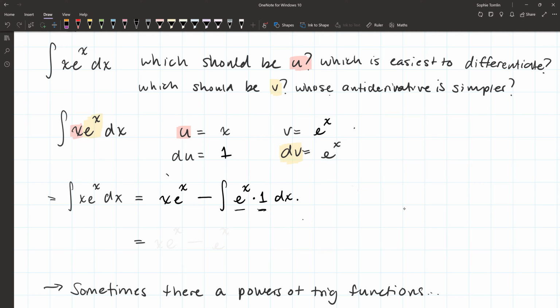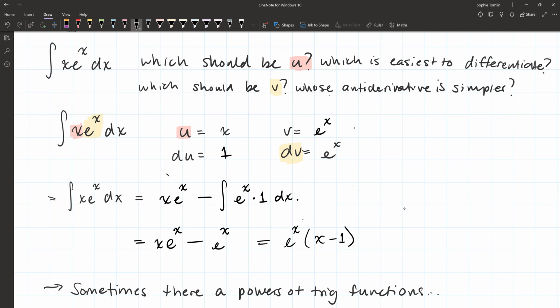And then e to the x is something that we can really easily integrate. So what we're left with is x times e to the x minus e to the x. A pretty easy simplification you could do would be e to the x, and then you have an x minus 1 here.